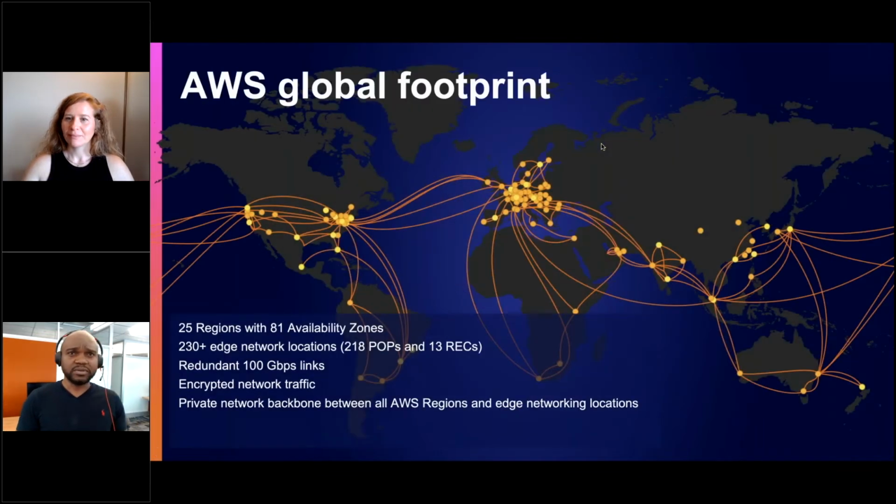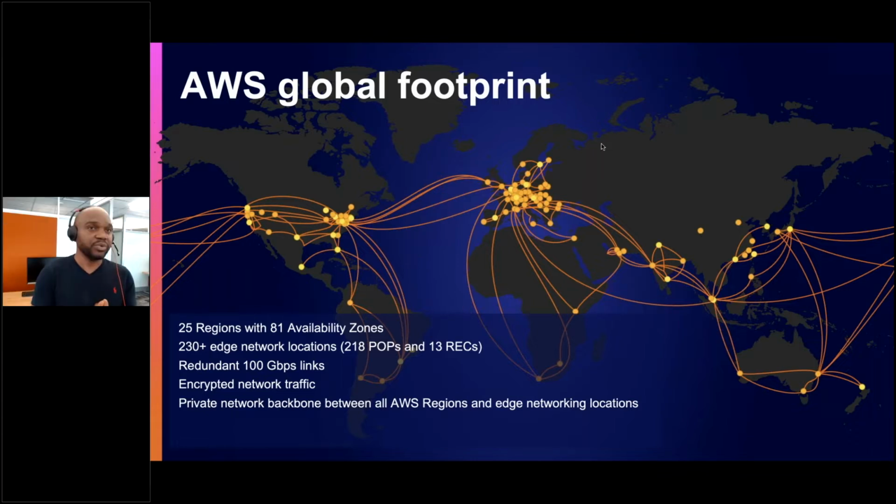Before we dive deep on AWS CloudFront, let's start by talking about the AWS Global Network, as it will help to better understand the service. AWS has over 238 locations, strategically placed and serving content very close to viewer locations where it matters. As of today, we have over 218 POPs in 90 cities across 47 countries and 13 regional edge caches.